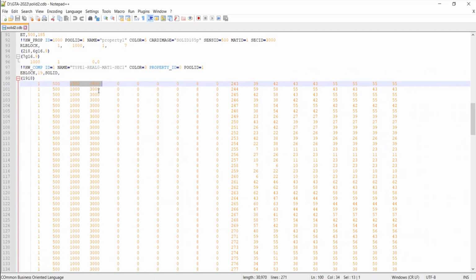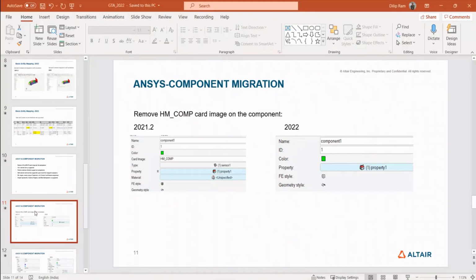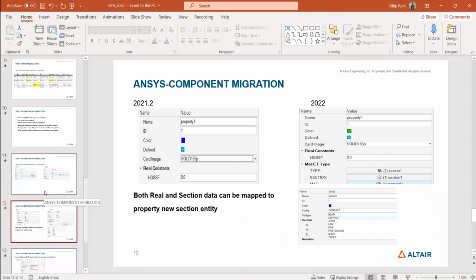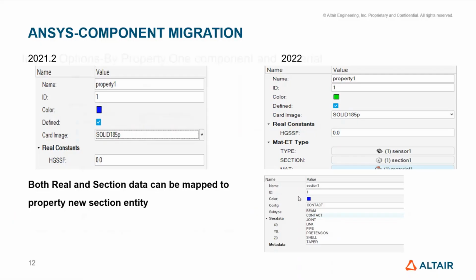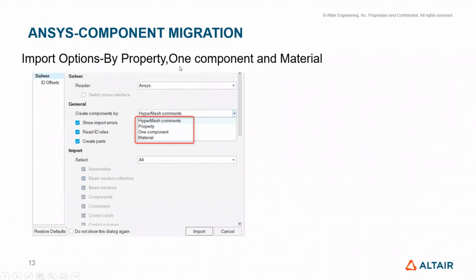Earlier, there was only one possibility of assigning either real or section to the element type, which is taken care of as part of this migration. Going further, this is the exact thing. And import options by property, one component, and material is supported.